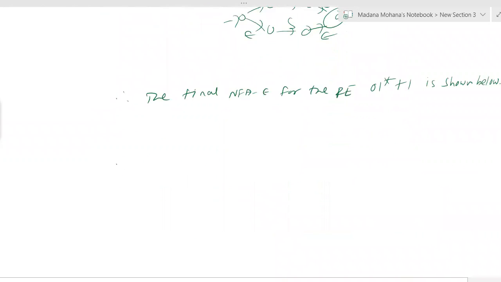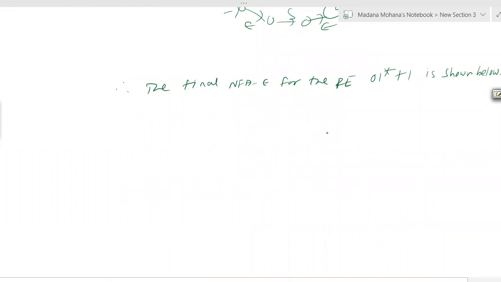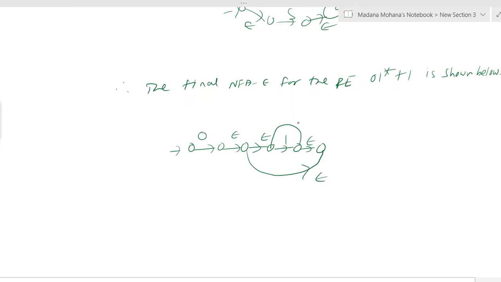Now you can see, first you can take 0, 1 closure, the NFA. So 0 with epsilon. Now the 1 closure. Here you can see, from here to here, one epsilon transition. Then here to here, one epsilon transition. Now you can see this is 0, 1 closure.